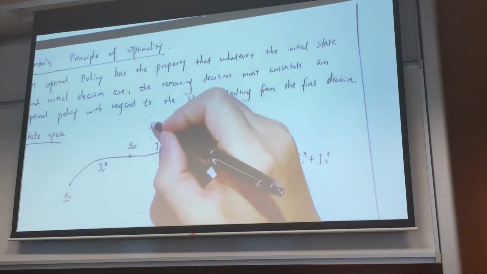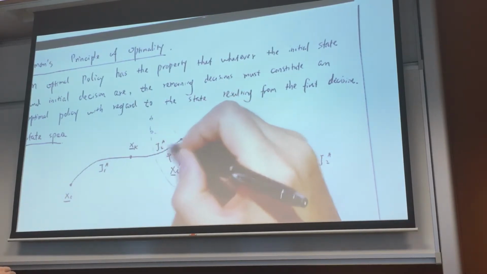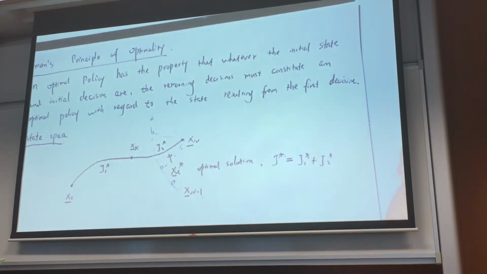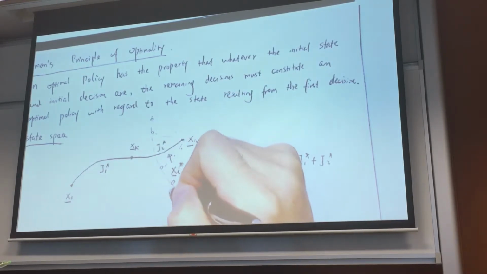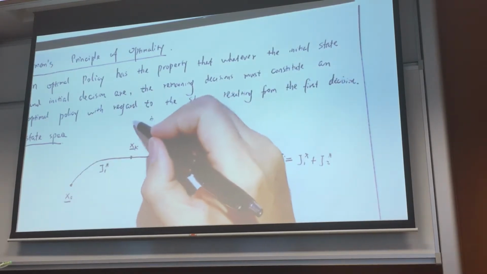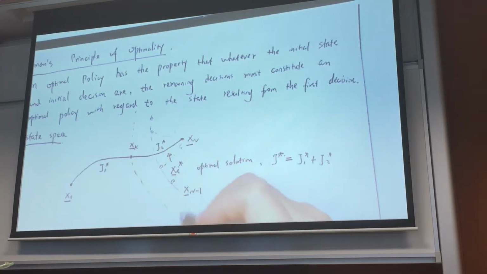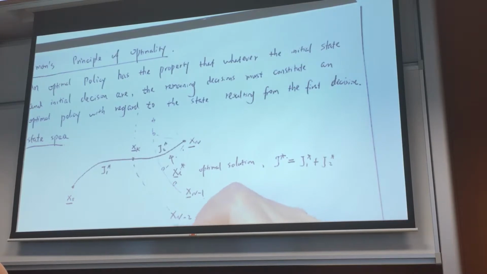This will give us, for example, a lot of potential solutions. Then from each of the potential solutions, you can solve the next state, xn minus 2.